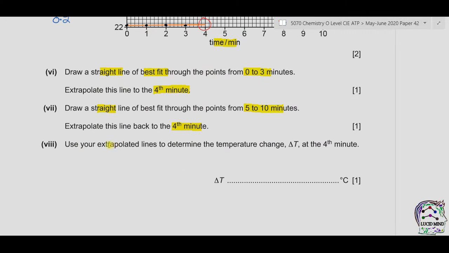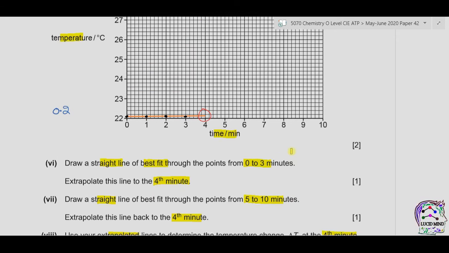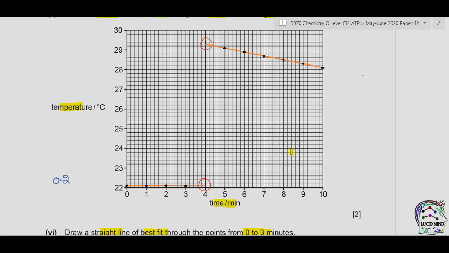Part 8: Use your extrapolated lines to determine the temperature change at the 4th minute. Now we have to find the temperature change, which is delta T. So it is 29.3, obtained from this spot, minus 22.1, obtained from this spot.